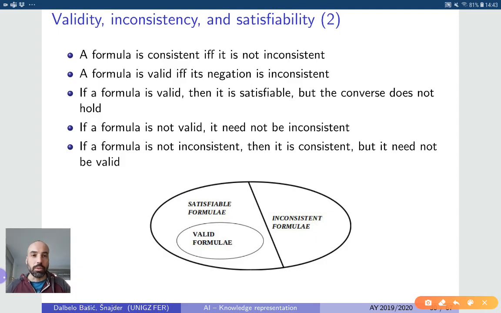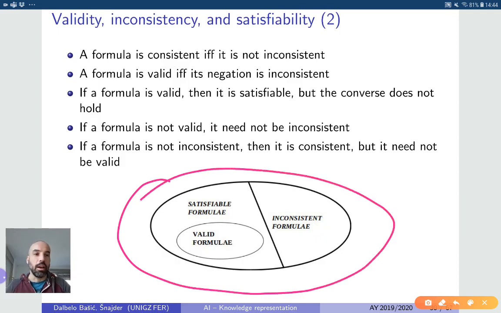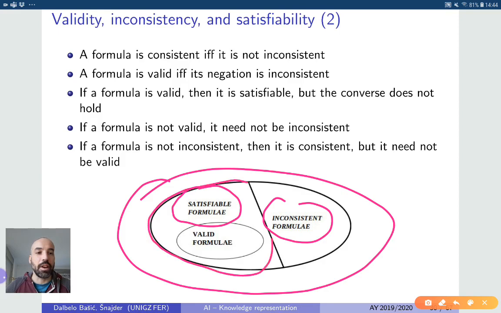It doesn't really make sense to learn these by heart. You just need to know what the individual concepts of validity, inconsistency, and satisfiability mean. But what is helpful is this figure here, where we need to know that there is a set of formulas that we can satisfy, and all of those that we cannot satisfy are inconsistent, and within the set of satisfiable formulas, some of them are valid.